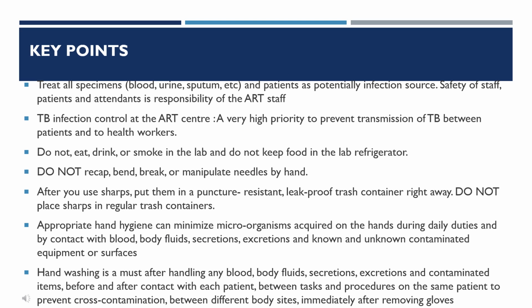Now we will recap the key points: treat all the specimens like blood, urine, and sputum, and patients as a potential source of infection. So safety of staff, patients, and attendants is the responsibility of the ART staff. TB infection control at the ART center is a must and a very high priority to prevent transmission of TB between patients and the healthcare workers.